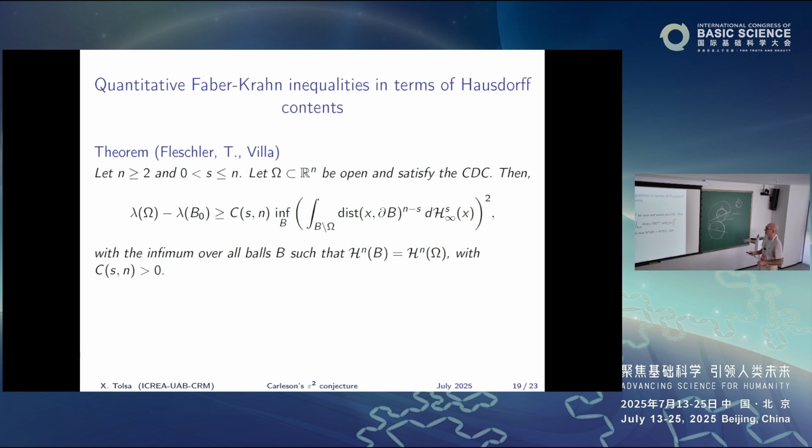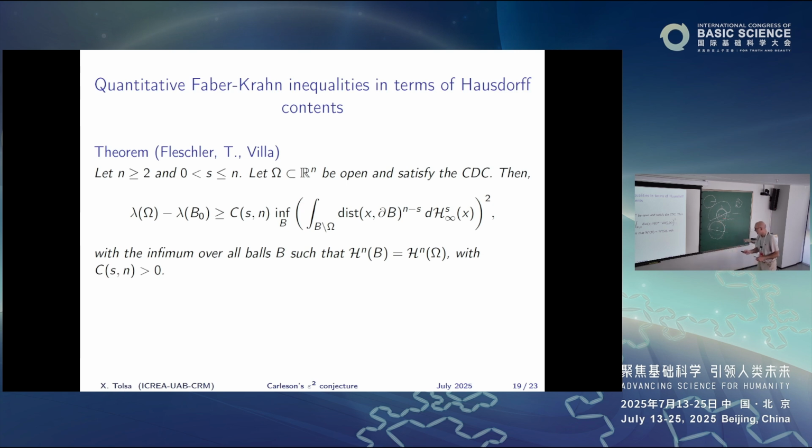We have shown that if we have two domains satisfying the CDC, for example, the slit domain, then lambda omega minus lambda B is larger than some quantity, where we put some infimum and integrate on B minus omega. For example, B minus omega here could be just this segment, right?